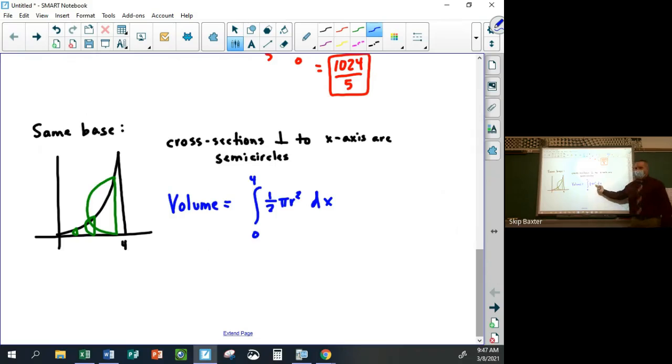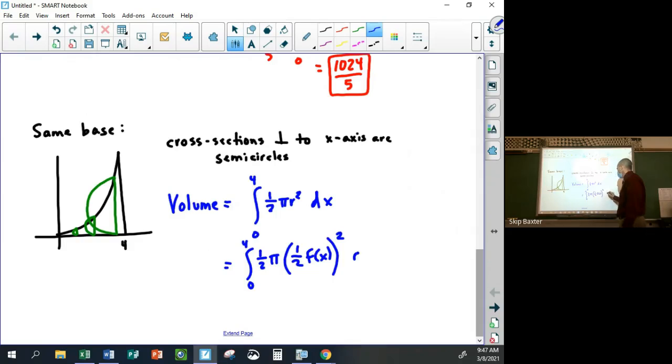Now I just need to figure out what r is. Well, r is really just half the height of the function at any given point, right? So this is the integral from 0 to 4 of 1/2 pi times 1/2 f of x squared dx.